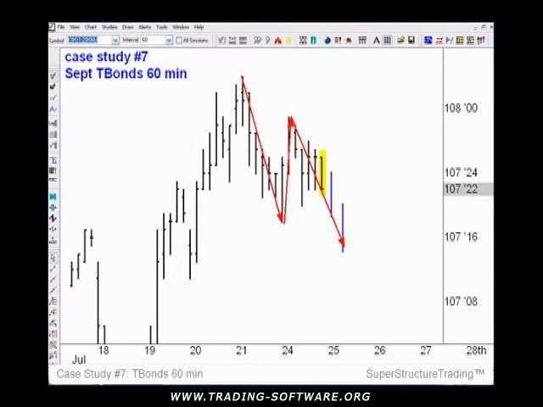Here you can also do time range comparisons. How wide is this compared to that? It is narrower the second time around. You also need to look at retracements. How deep is this retracement against this drop, and how deep is this retracement here, the BC, against this move here, the AB.